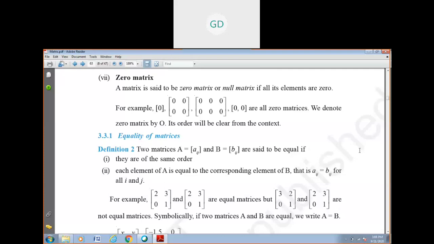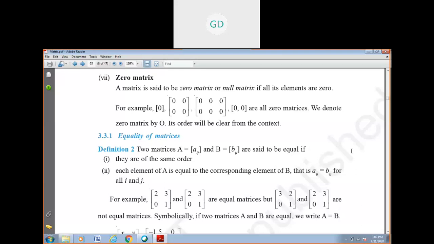So the concept of equality and some concept of its operations, addition, subtraction, multiplication, all this we have to be familiar with to go on with handling matrix equations, to be discussed later on. I will start equality of matrices in the next session.